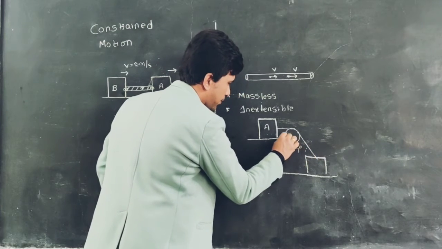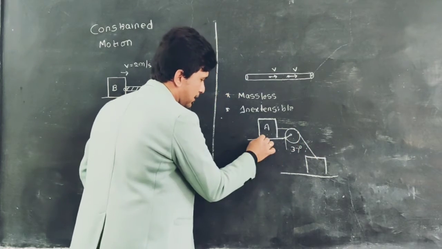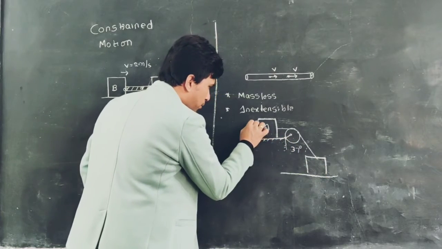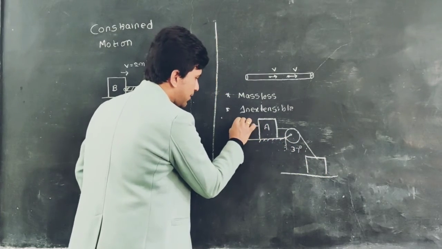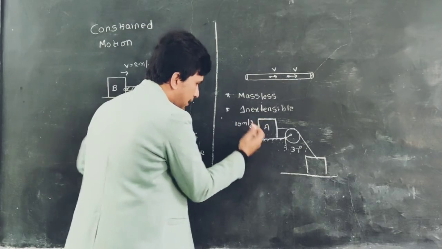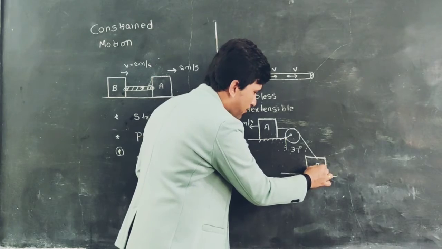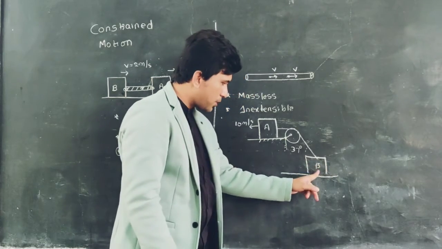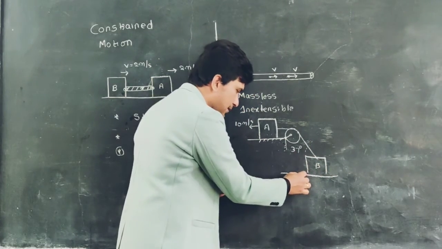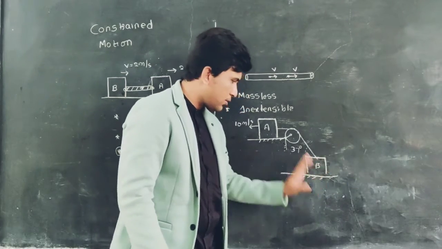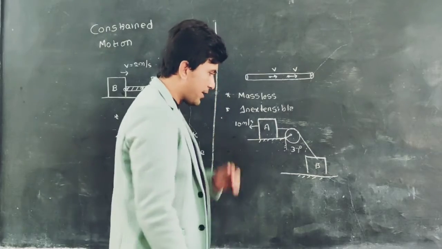This is a block, this is tied, and if this block moves with a velocity of 10 meter per second left side, you want to find out the velocity of this block B. Obviously, common sense, this block will not lift up in the air. This block only has the constraint to move on the ground. It can either move left side or right side, only on the ground. It is not leaving its contact.